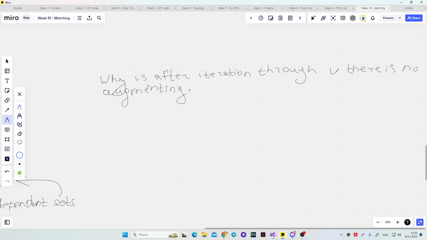It means that after iteration, there is no augmenting path. We can consider the statement.